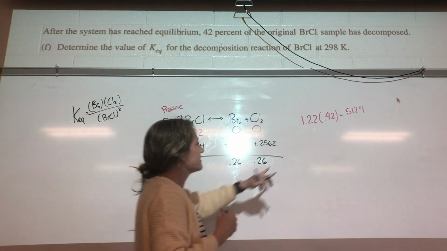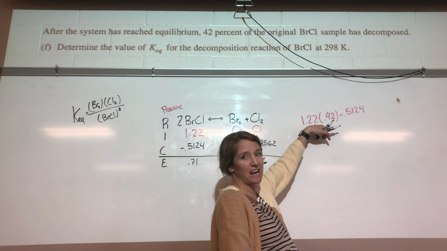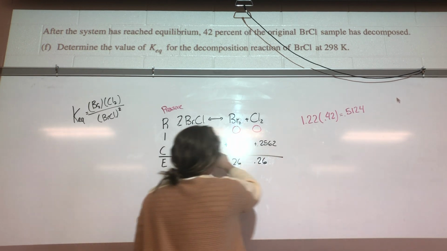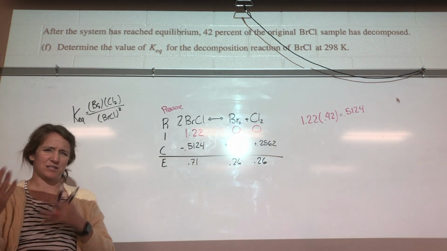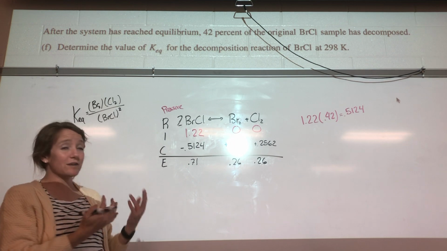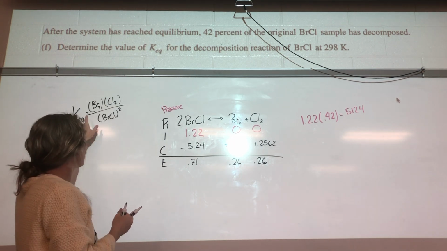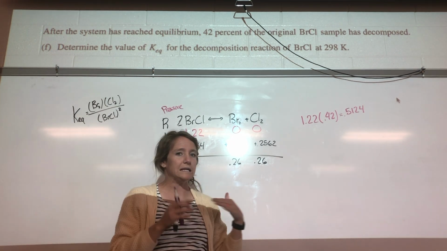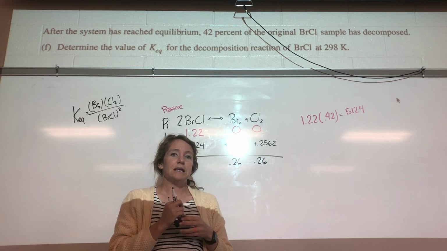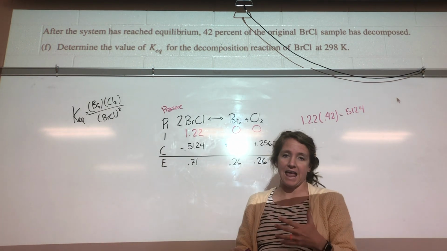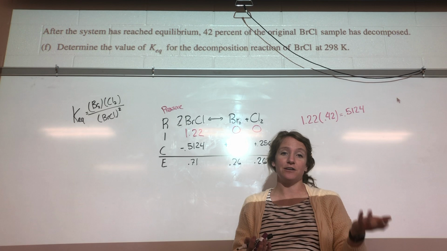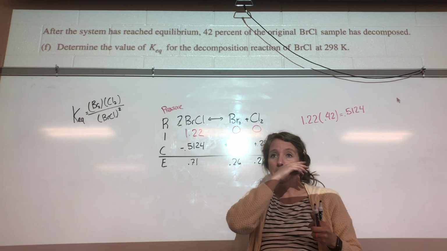So they used X's in their example. This makes more sense to me, just finding the change and plugging it in rather than using X's to find the change. Generally speaking, if you're solving for K, you won't need X's. If you have a K and you're finding something else, then you'll use the X's.